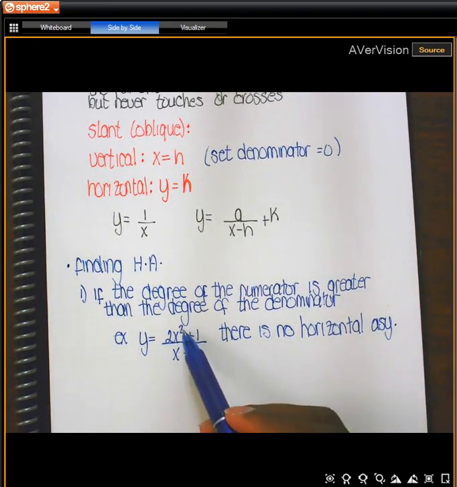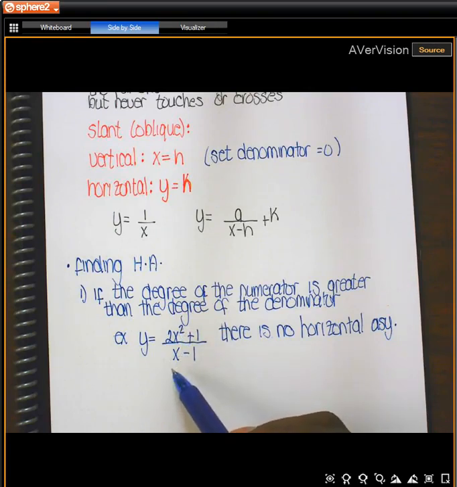What's so special about where we have the degree in the numerator exactly 1 degree higher than the denominator? Do you remember that? No, that's not what I was asking.